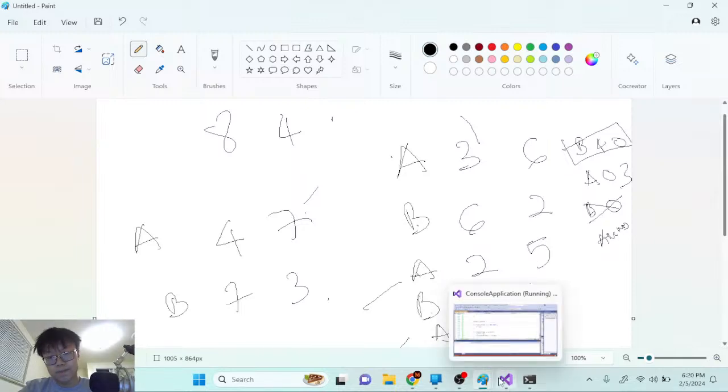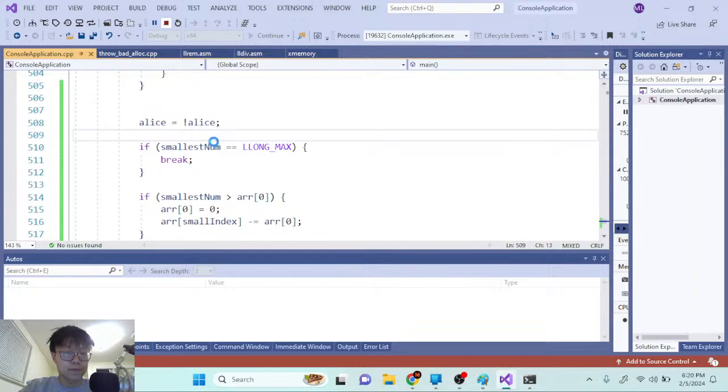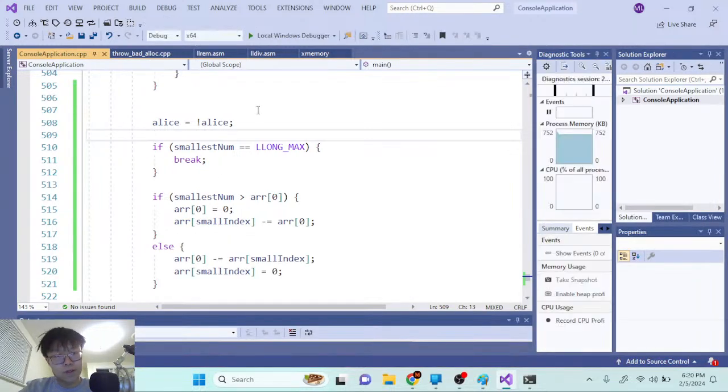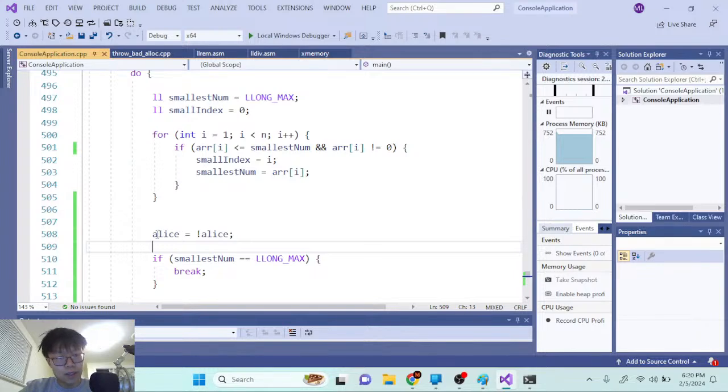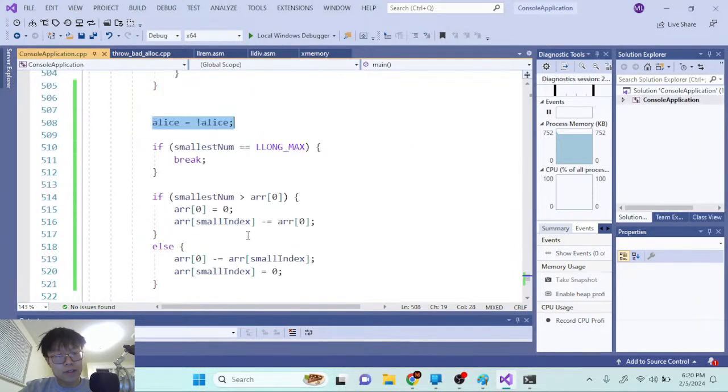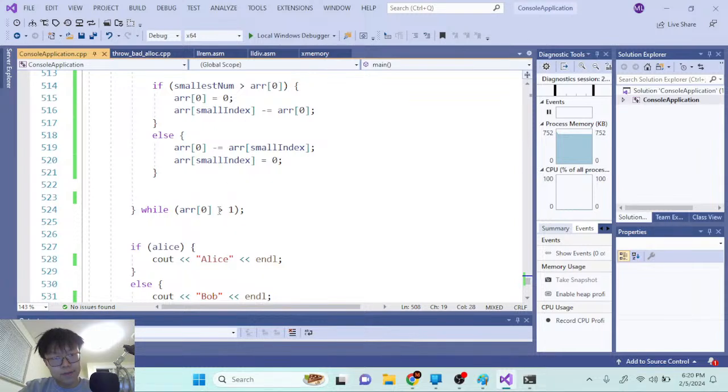So in our code, originally it was Alice's turn, and now it becomes Bob's turn. And then we subtract by it. And now, end of Bob's turn, it's this. So it's not Alice's turn anymore.